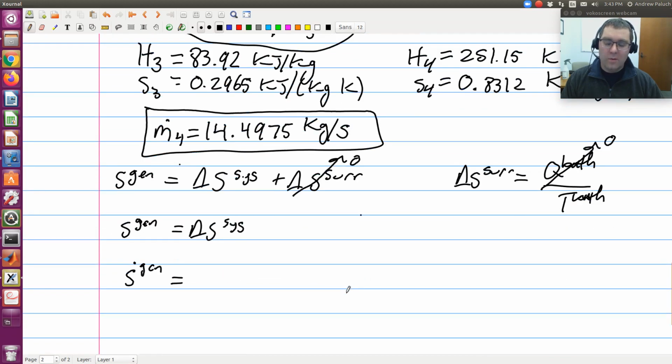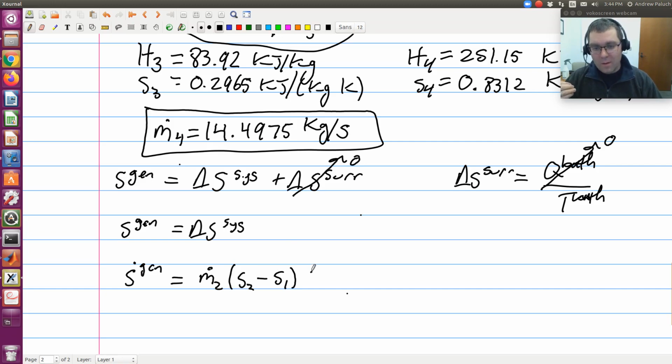So that's going to be equal to, since m dot 1 is equal to m dot 2, my mass flow rate of stream 1-2 times the specific entropy of my exit minus the specific entropy of my inlet.